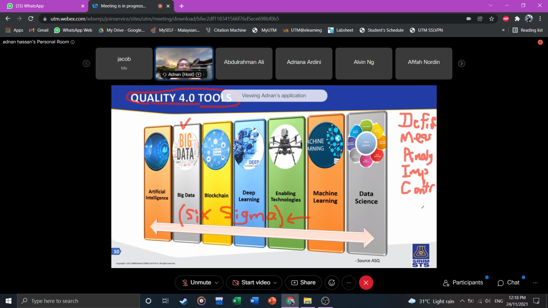Process simulation? Yes. Okay, simulation for many situations. You can test different parameters, different settings, put in simulation before you actually run the process. Okay, we can do process simulation. For example, you want to cut a surface, right? Using a lathe machine.